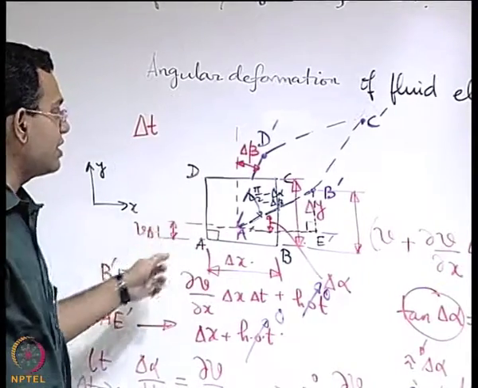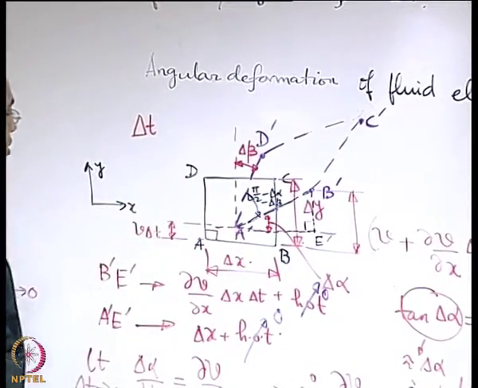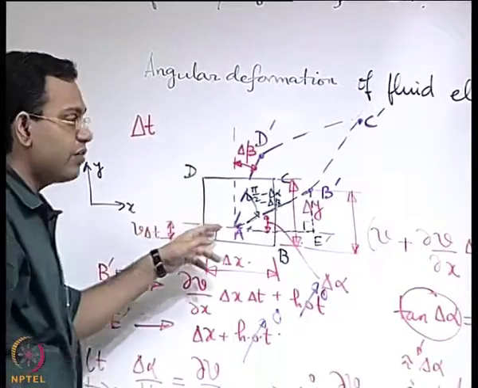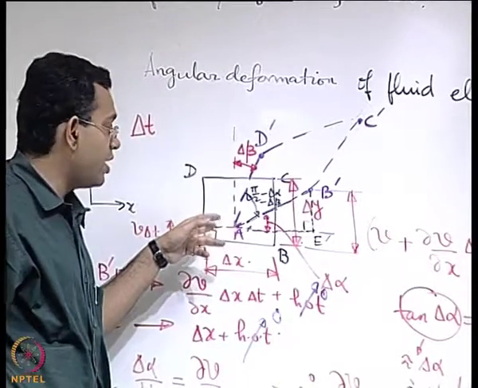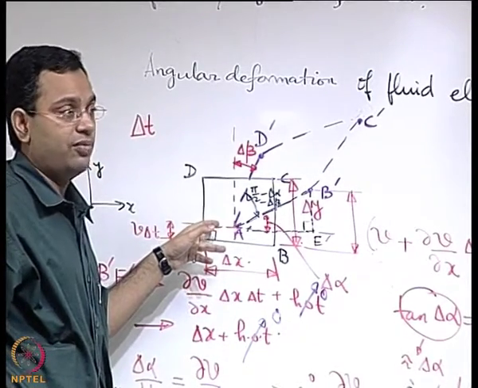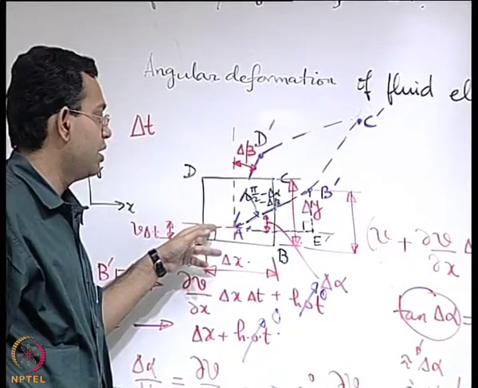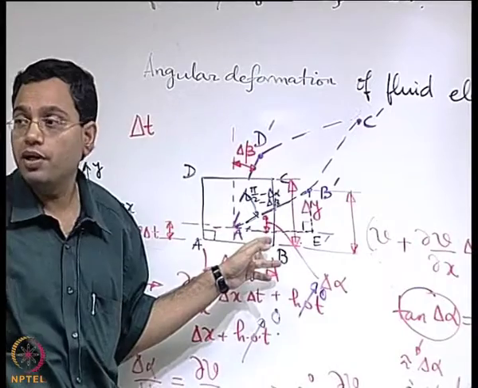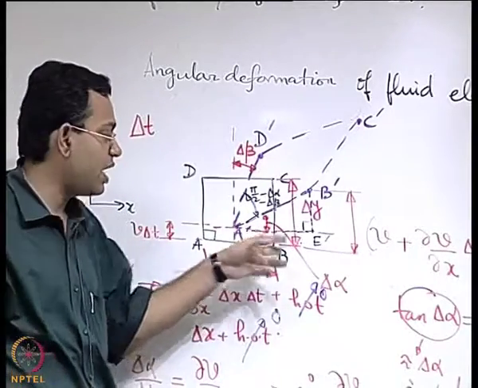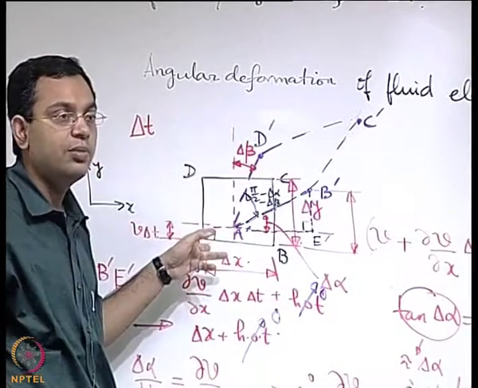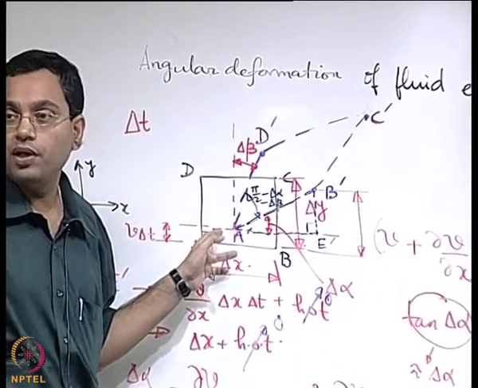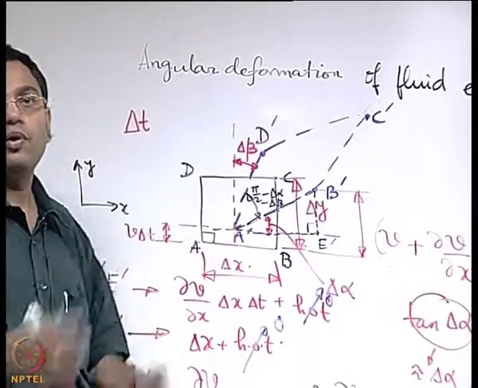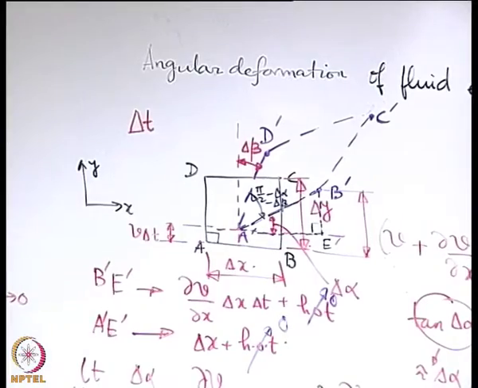So, what is the change in this angle? What is the speciality of this angle? We are trying to identify what is the change in angle between two line elements in the fluid which were originally perpendicular to each other. So, these are representatives of two line elements which were originally perpendicular to each other, but with deformation they are no more perpendicular to each other.